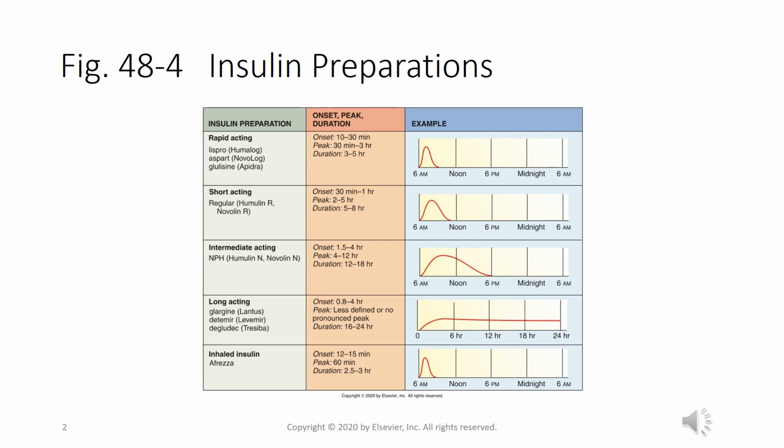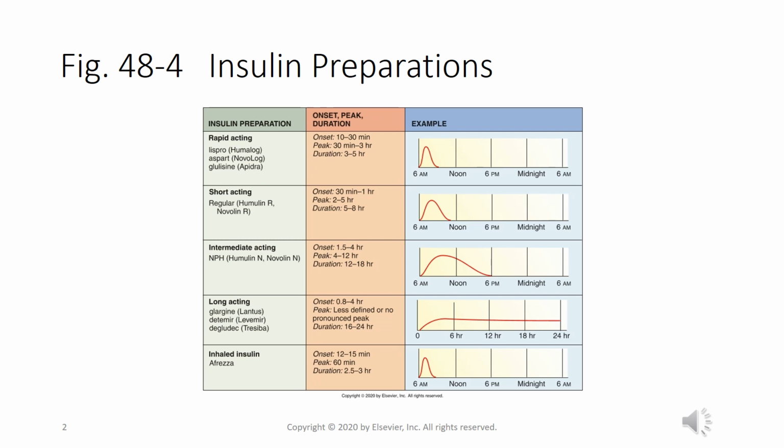You're going to need to really know how to safely time your administration of different types of insulin, and when to monitor your client for hypoglycemia. The highest risk for hypoglycemia would be the peak of that insulin, when it has its maximum effect. You're going to want to know the duration of insulin.